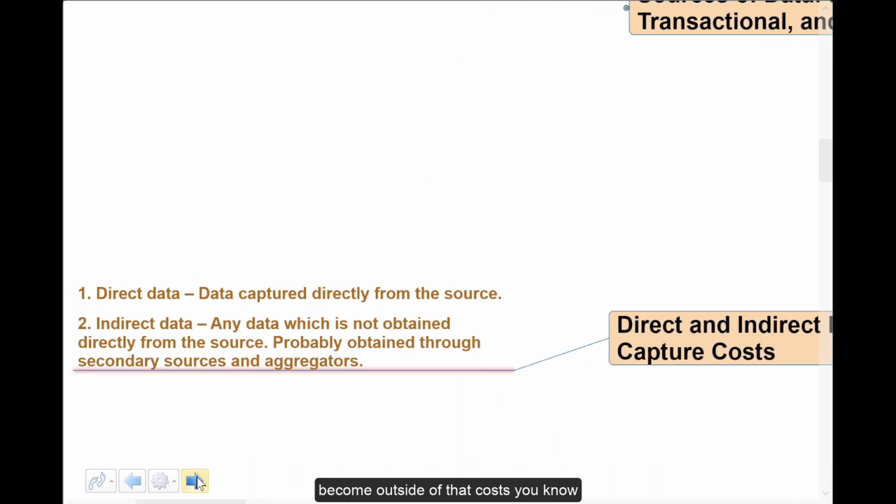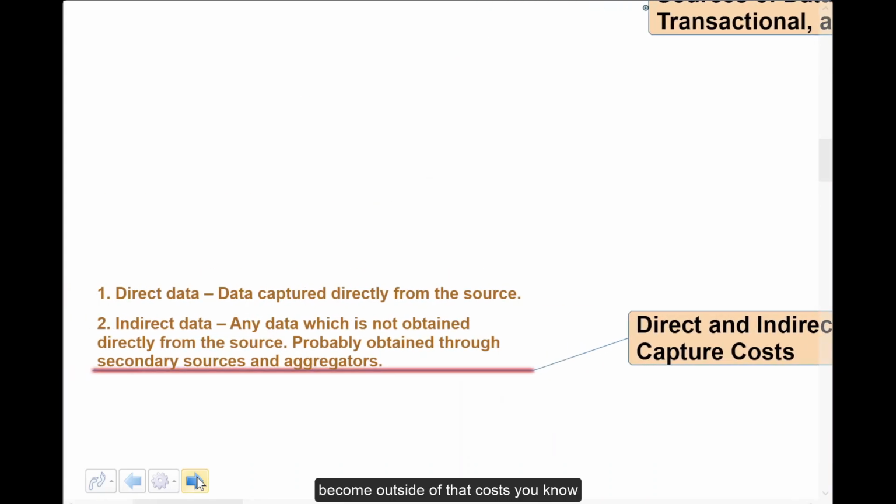Outside of that, costs. Bottom line with data is yes, we need it, but we certainly need to be aware of the cost benefit. Now, in terms of direct data, if we're talking about data captured directly from the source, broadly speaking, that information may be a little bit easier or perhaps less costly.